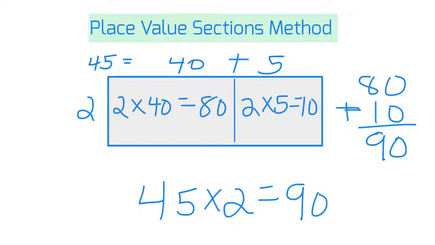In this method, you break apart one of the factors by its place value, separating the tens from the ones, and then multiplying each of those tens by 2, and then multiplying the ones by 2. So we would essentially multiply 2 times 40, which is 80, and then 2 times 5, which is 10, and then add it all together to get 90.